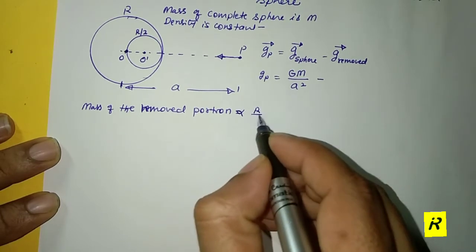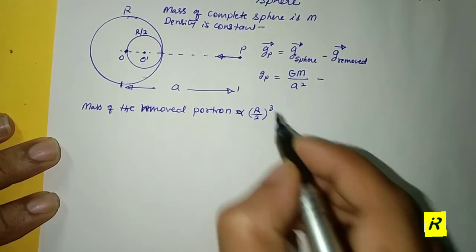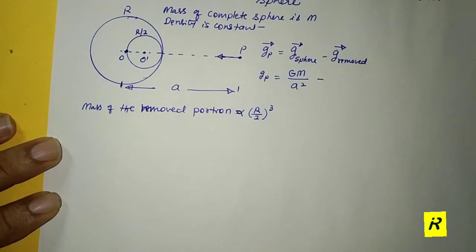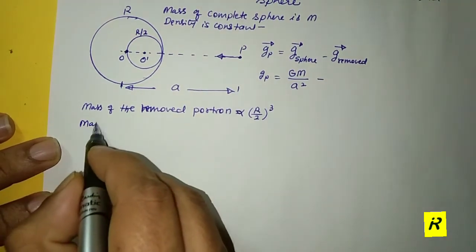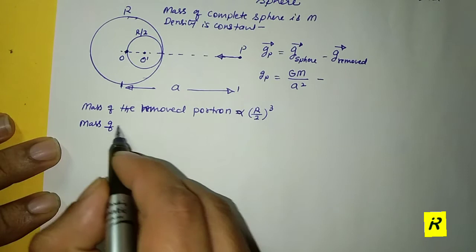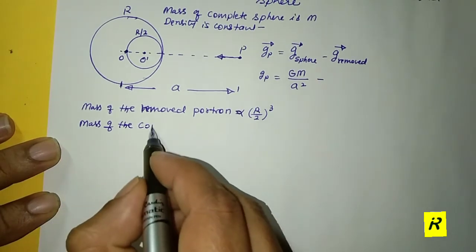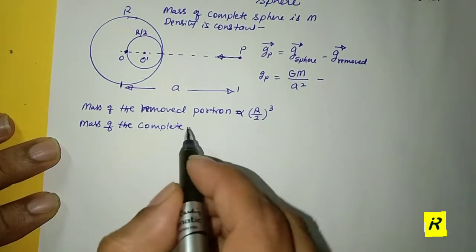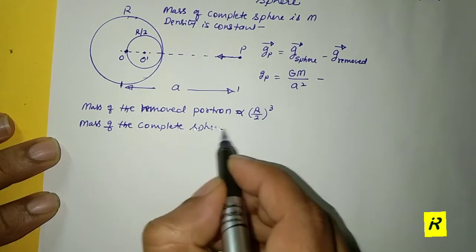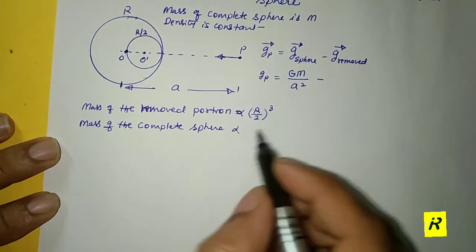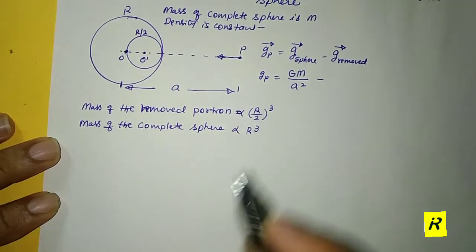Its radius is r divided by 2, so it should be cubed, and the mass of the complete sphere is proportional to r cube.